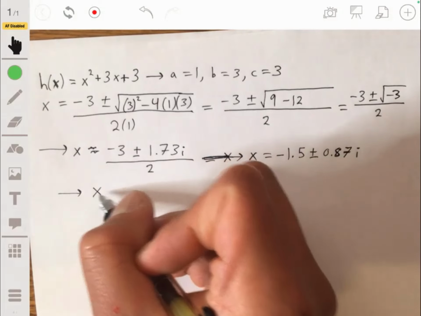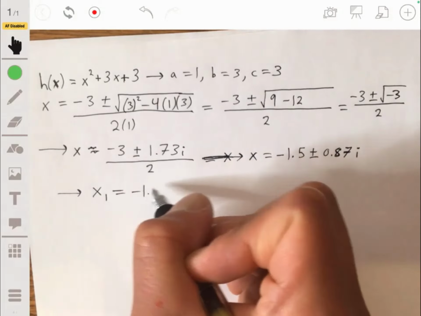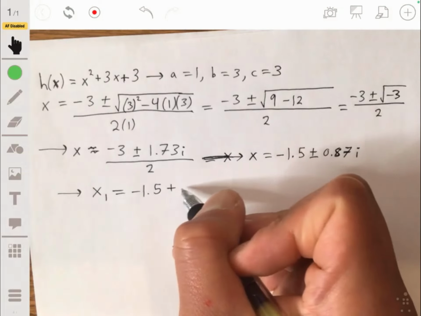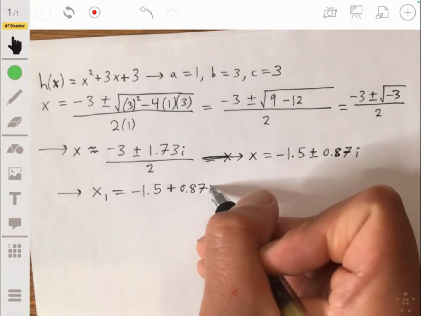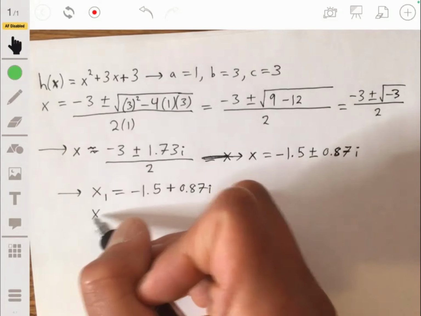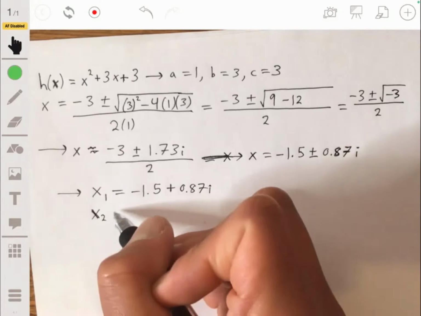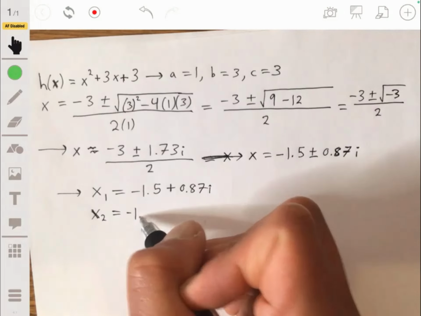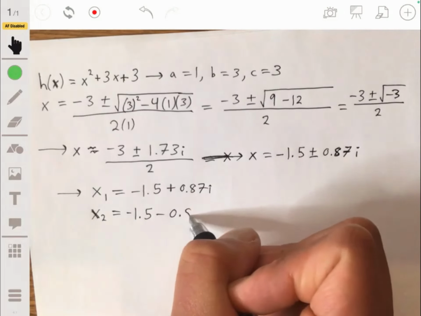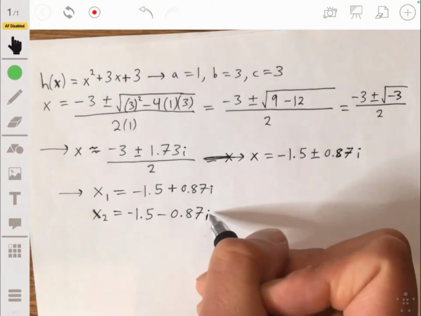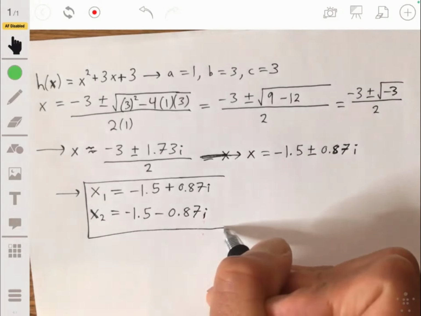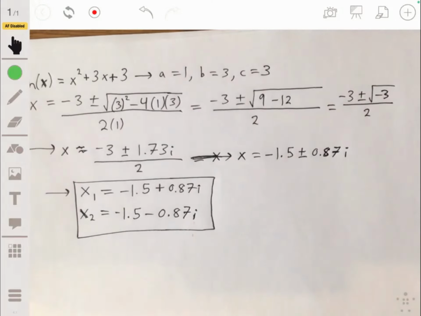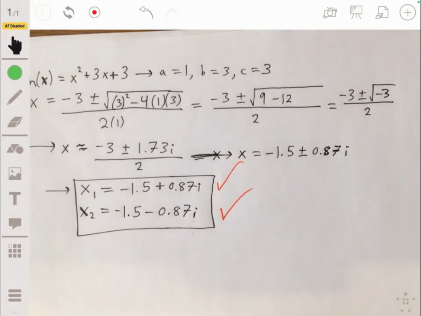So we'll have x1 will be negative 1.5 plus 0.87i, and x2 will be negative 1.5 minus 0.87i. All right. Whew.